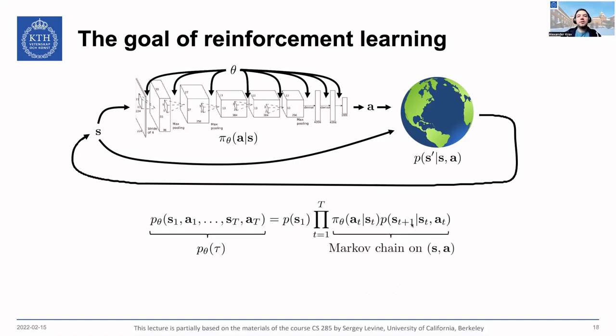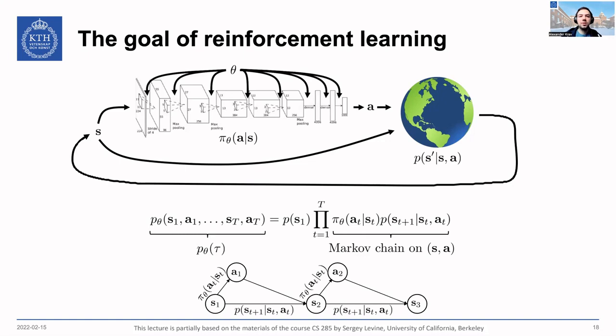Here there is a very important transformation, because we have a multiplication of these terms, and each of these terms can be considered as a step of a Markov chain, where the Markov chain doesn't include just the states, but pairs of state and action.